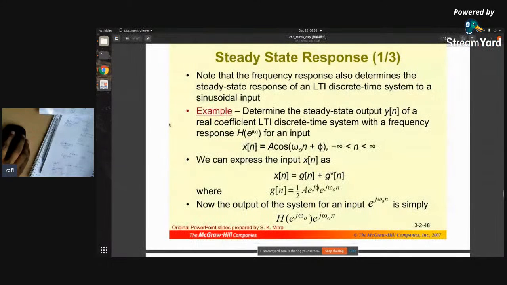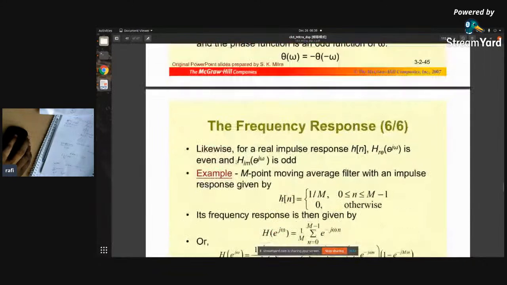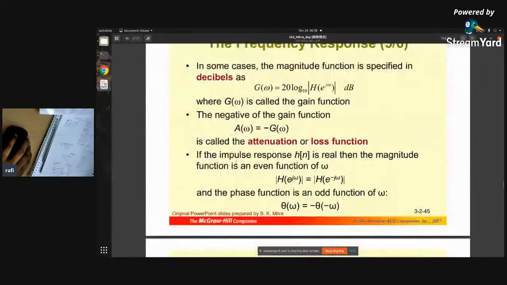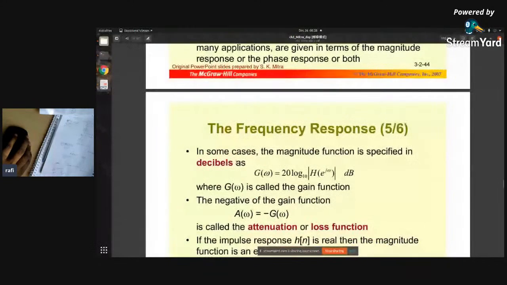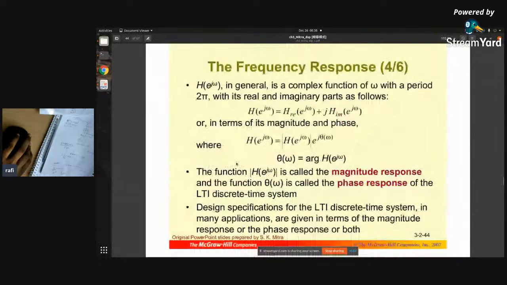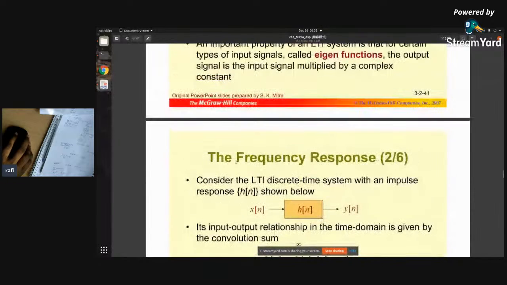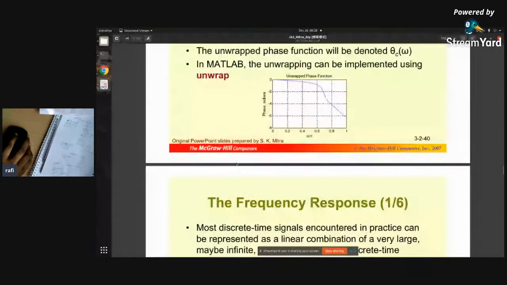So in the last class, we have seen the DTFT and its properties. And I have seen a few problems in DTFT. So it's better to use properties while solving the problems instead of directly substituting in the DTFT equation, because these properties help a lot in dealing with certain complex signals.